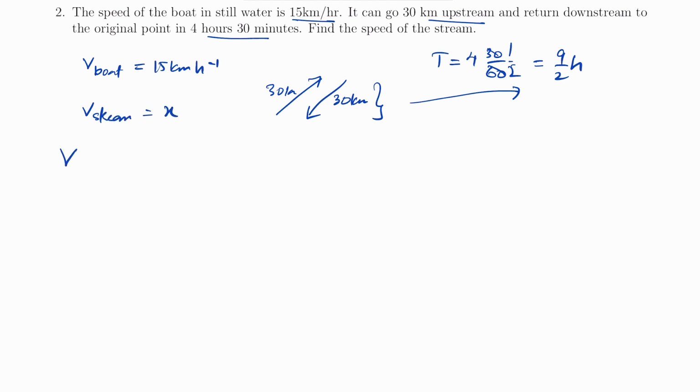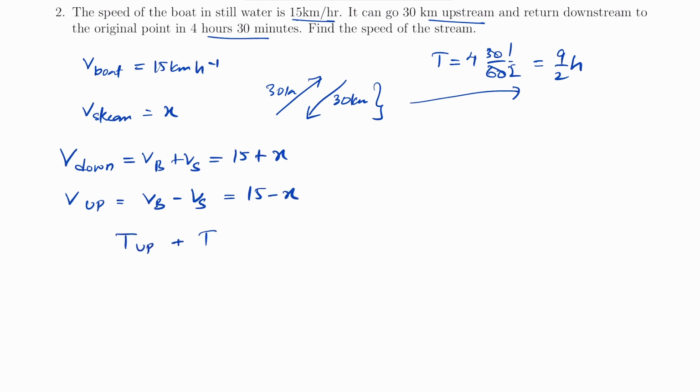The relative velocity downstream will be velocity of boat plus velocity of stream, which is 15 plus x. And velocity upstream will be velocity of boat minus velocity of stream, which is 15 minus x. So time taken to go upstream plus time taken to go downstream is equal to 9/2 hours.